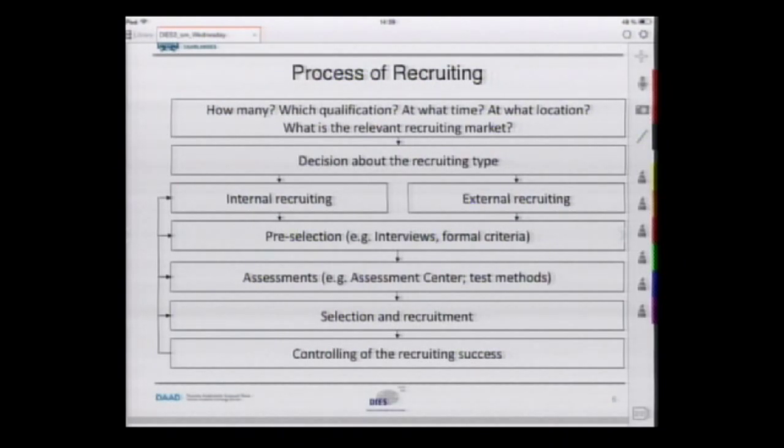Okay. Who has an assessment center for professors? Nobody? You have one? Can you talk about it a little bit? How does it work? Well, there is a special questionnaire for assessing the development of the professors.